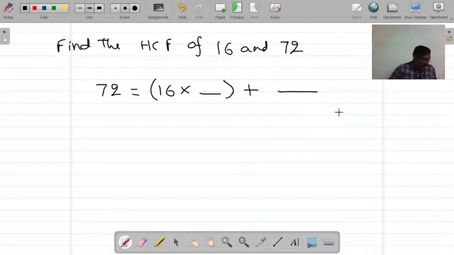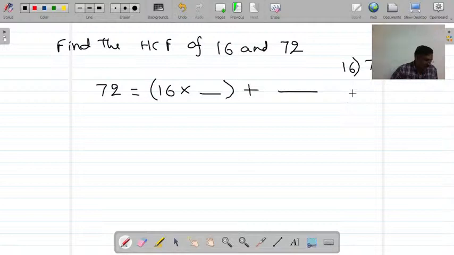Just use simple division and find these two values in the first step. Come on, you try this. For getting this, what to do? Simply divide 72 by 16. What are the values of q and r? Type your answers in the chat box.